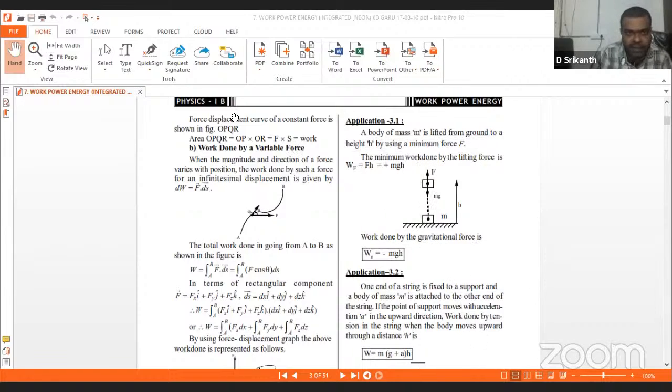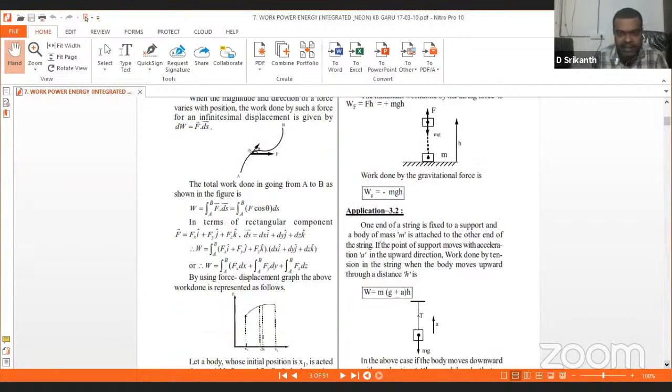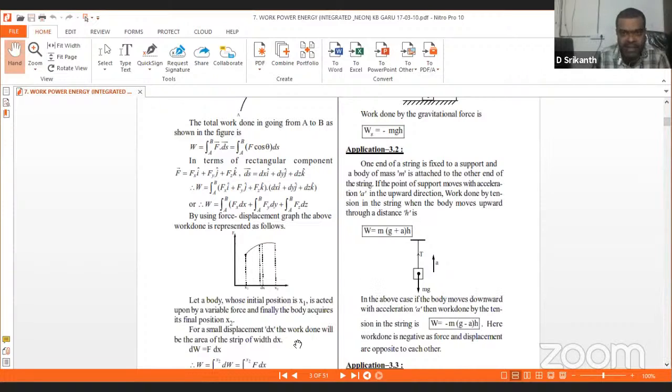Next, the second application. One end of a string is fixed to a support, and a body of mass m is attached to the other end of the string.